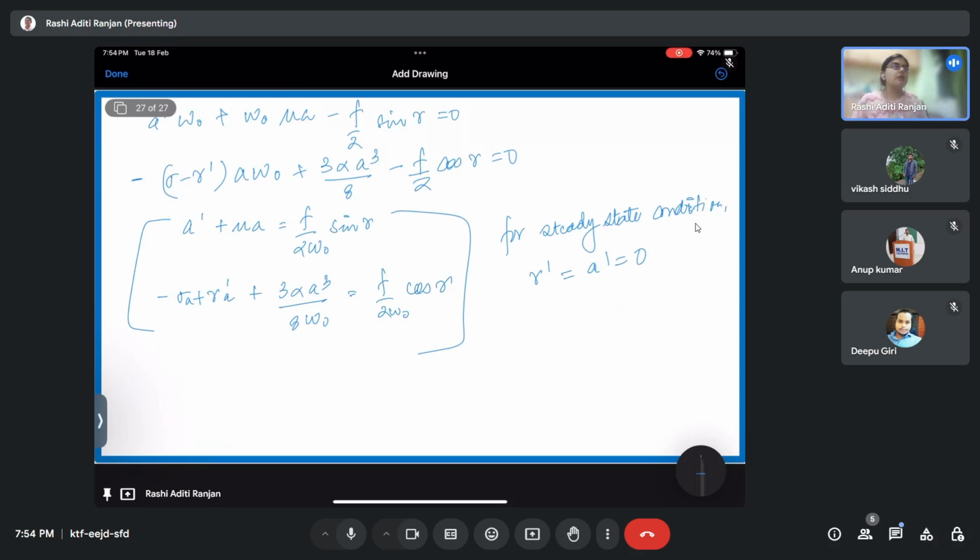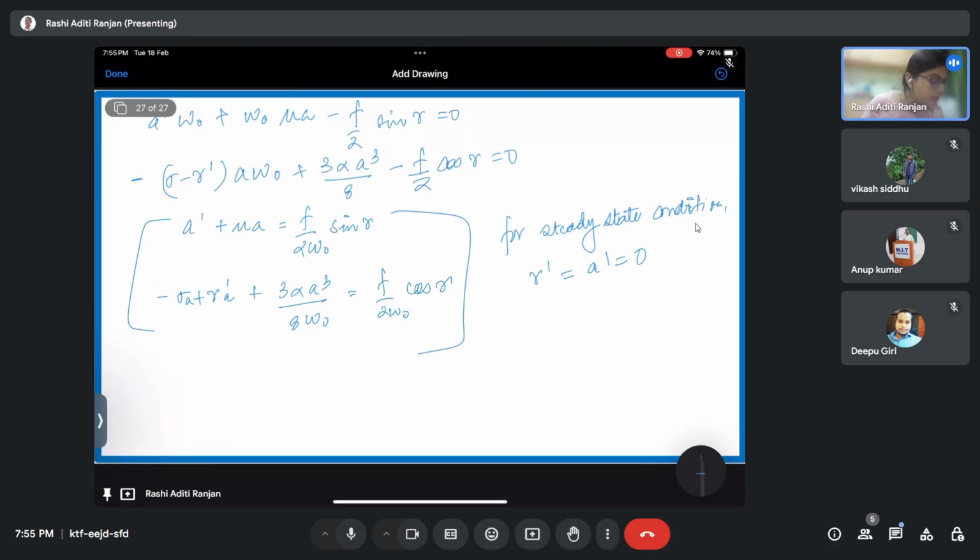But if I want to consider the dependence of the amplitude on the frequency, this is only possible if I'm having a steady state oscillation, which means that my omega is fixed, my beta is fixed, and my amplitude is also fixed, right? Because the amplitude frequency response is going to come only if I have a sinusoidal oscillation. That is why we consider a steady state response.